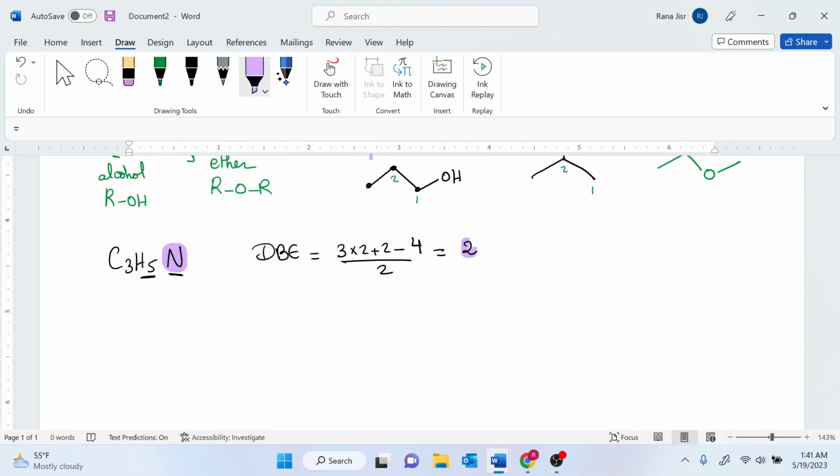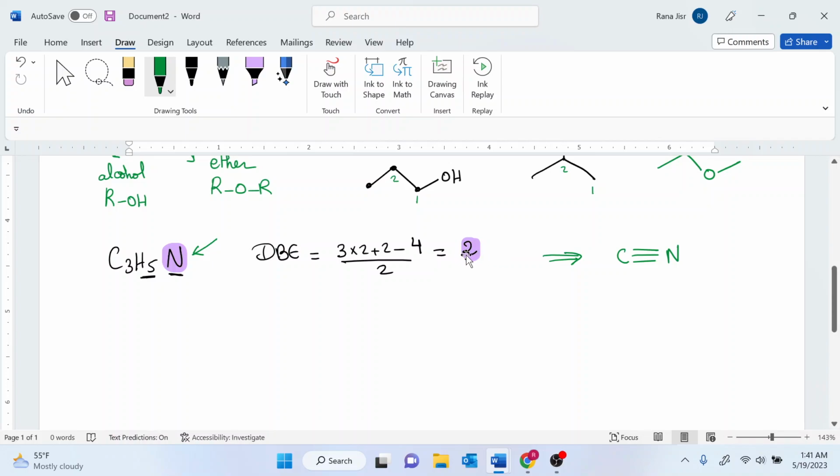When your DBE is equal to 2 and you have a nitrogen in your molecular formula, this means that you have a triple bond and specifically you have a cyanide. Especially because you have that low number of carbons in there and you want to fit a DBE of 2, you cannot have two double bonds in there that are adjacent to each other.